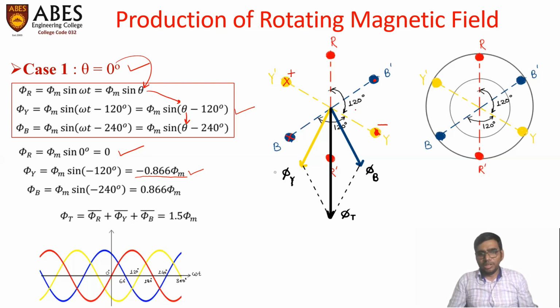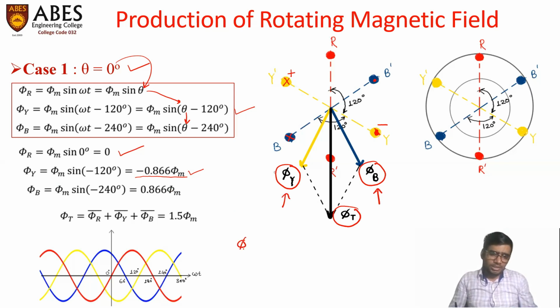For the yellow phase, phi y can be drawn here, perpendicular to the phase axis, with direction found using the right hand thumb rule. Similarly, phi b can also be found, and phi r is 0. So the resultant flux, the total flux phi t, will be the resultant of these two fluxes, phi y and phi b.